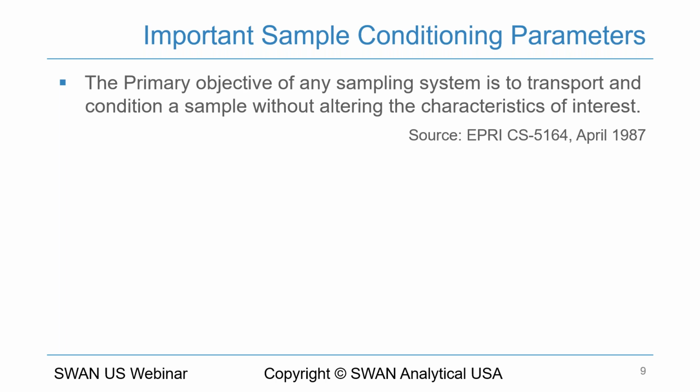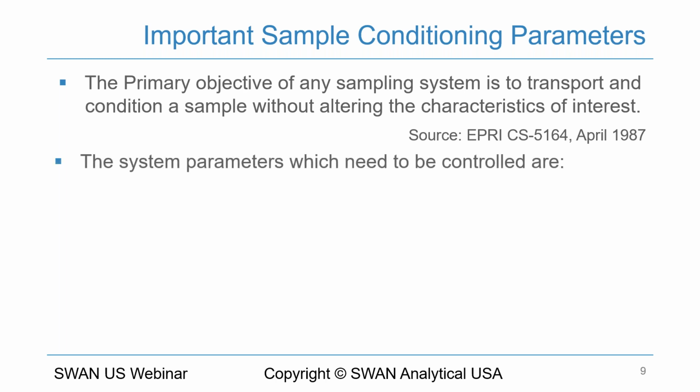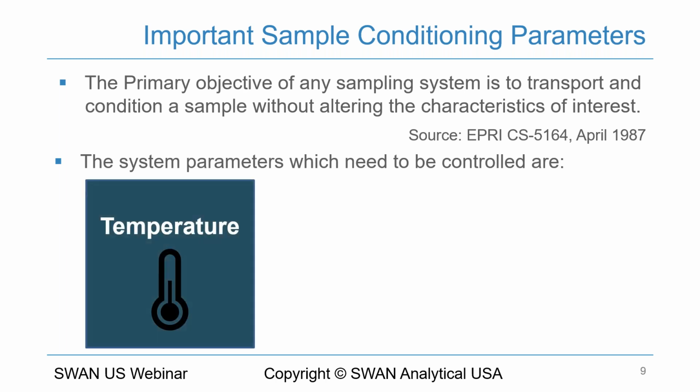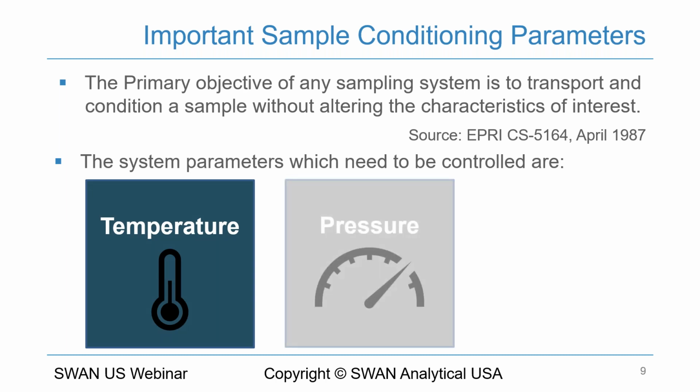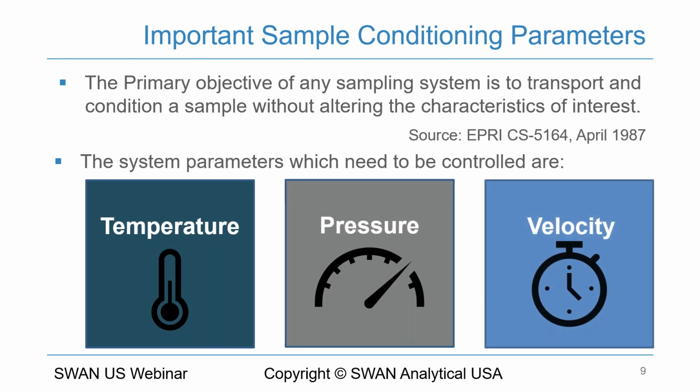We need to get correct measurements of what's actually happening in the process without making changes to that condition when we're bringing it to the analyzer. The system parameters that we need to control in order to do that are, number one, temperature, the pressure of the sample, and the velocity or flow rate of the sample.